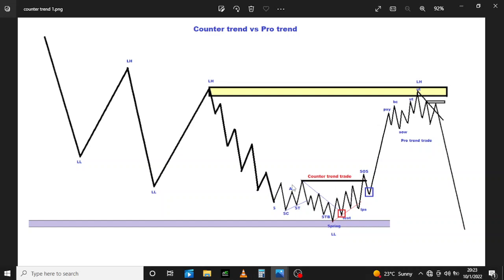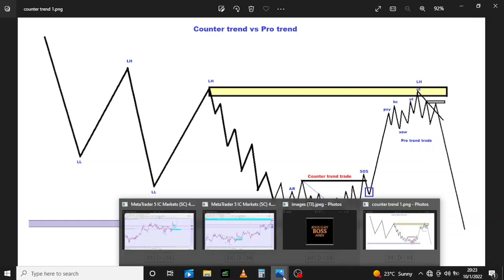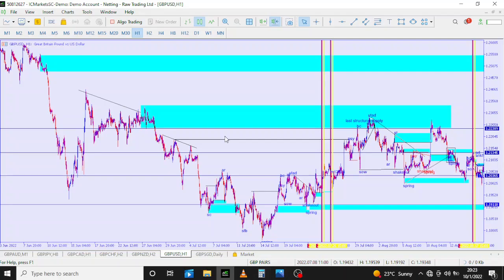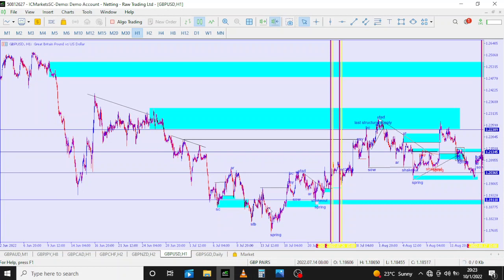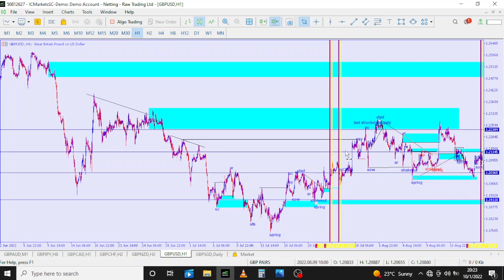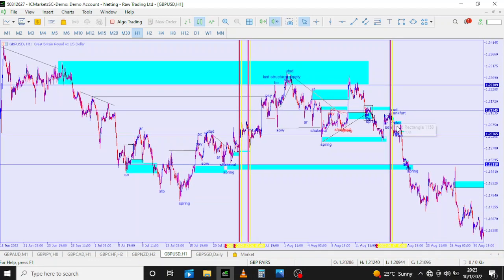But in this case, this was a reaccumulation. You see, we take this counter trend trade to sell it at the top. So this was my case to buy it later on to sell it. I already did a trade breakdown on this trade.